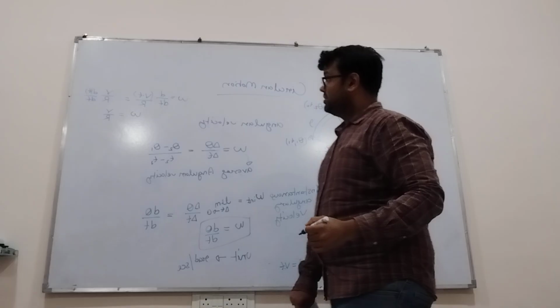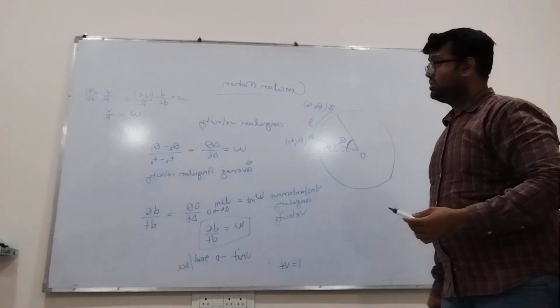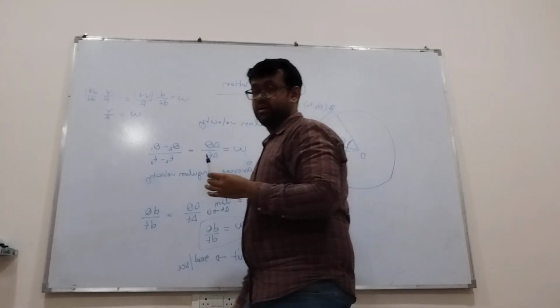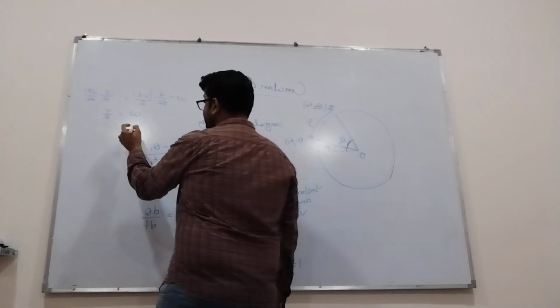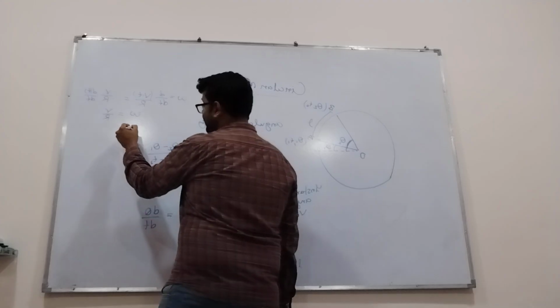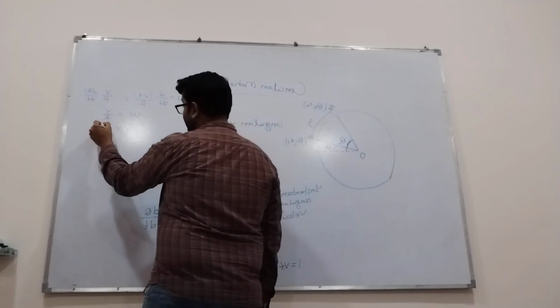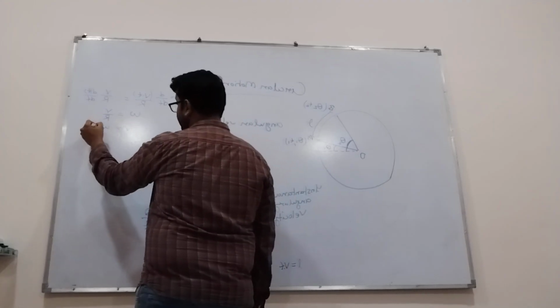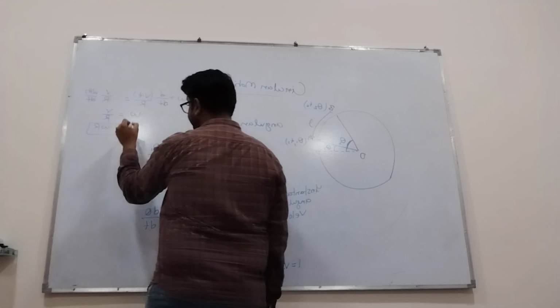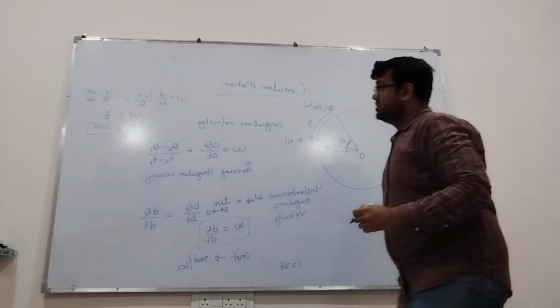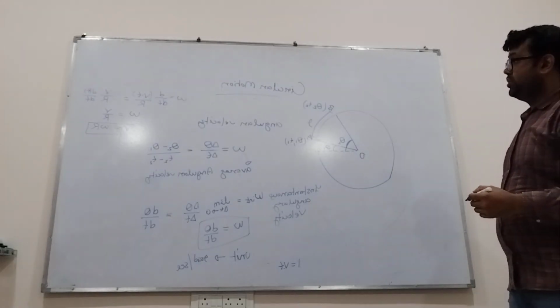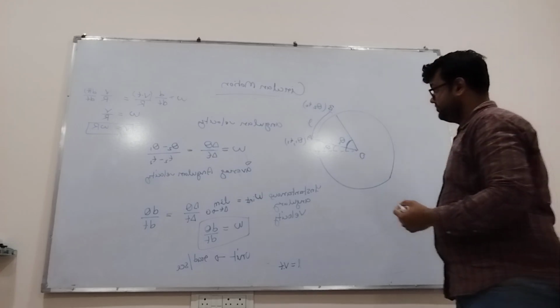Omega is nothing but the velocity upon the radius, and we can also rewrite this as velocity or speed is equal to omega into R. Speed is nothing but omega into R.